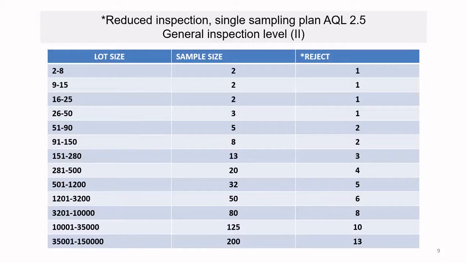The AQL, will it be 1, 2.5, 4 or 10? 10 AQL means relaxed, generous. AQL 2.5 is more strict. AQL 1 is more strict. And what will be the general inspection level? 1, 2 or 3. You have to ask your buyer. The buyer is going to tell you all of these things.